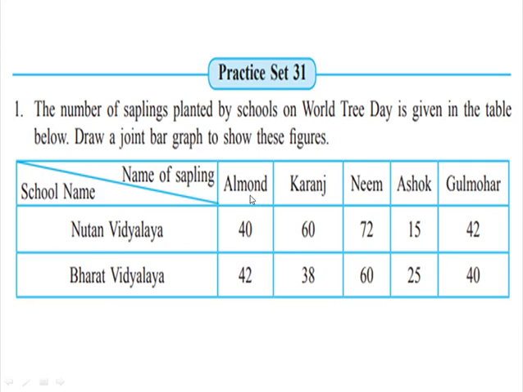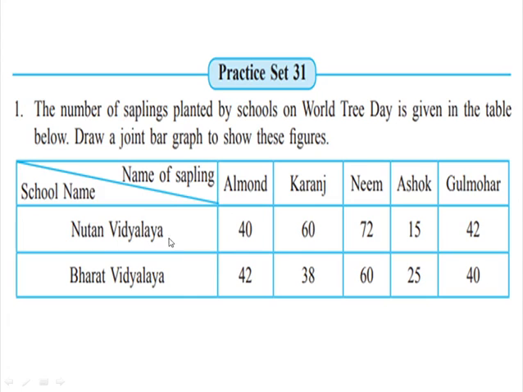Here the names of the saplings are Almond, Karanj, Neem, Ashok and Gulmohar, whereas the names of the schools are Nutan Vidyalay and Bharat Vidyalay. Now here if you look at the table, these are the number of saplings planted by Nutan Vidyalay and Bharat Vidyalay.